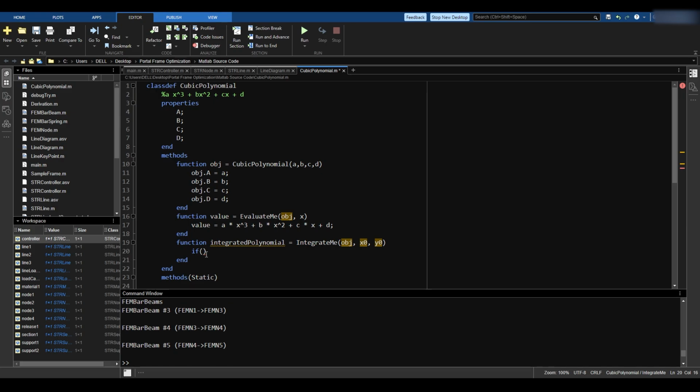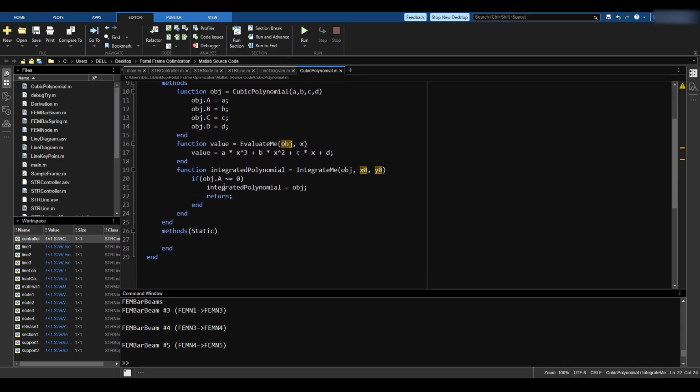So here I would say if object.a is not equal to 0, because if I have a cubic equation, I cannot integrate it, I would basically say integrated polynomial equals object. I'm just going to prank him and give him back the polynomial. Okay. Now, I can integrate a square equation.